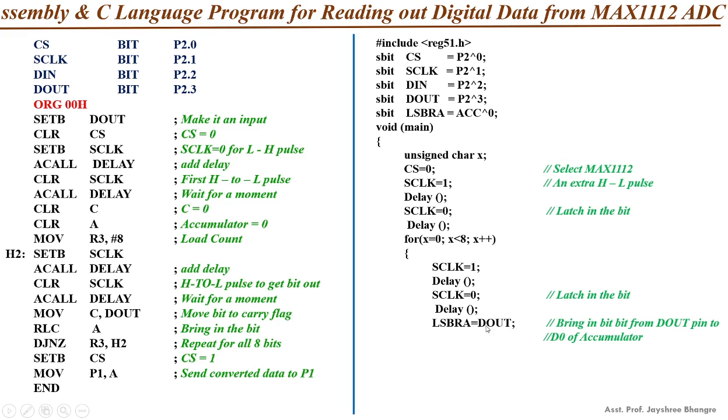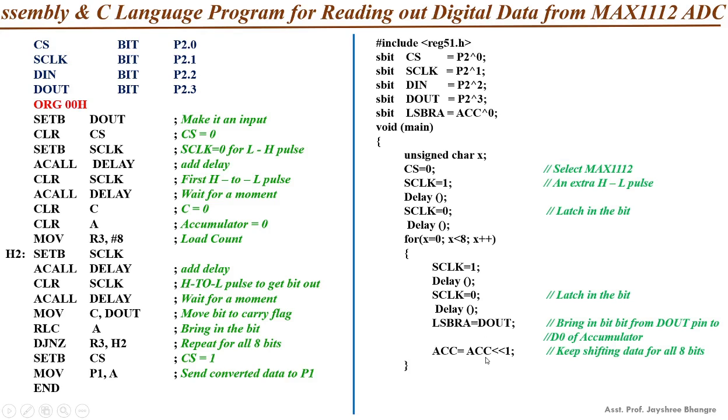Whatever MSB bit comes out of the ADC chip will be read into the LSB bit of the accumulator. After that we are rotating this accumulator to the left by 1 bit. Again it will go here and read the next bit into this LSB_RA, that is the LSB bit of the accumulator.